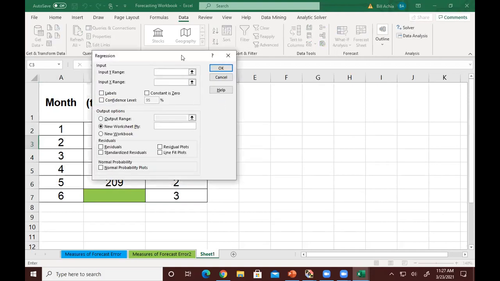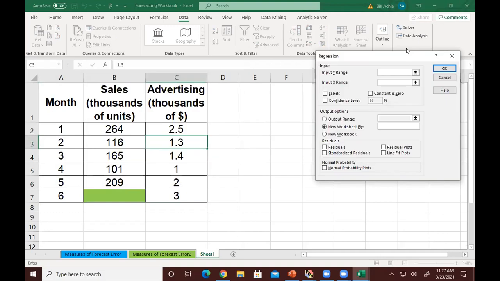Now the regression tool asks you what's your X and what's your Y. So it's very important that you understand what's your dependent variable. As I mentioned, your Y is your dependent variable. In this case, sales depends on how much you pay for advertising. So my Y range is going to be these values here, and my X values are going to be advertising spend.